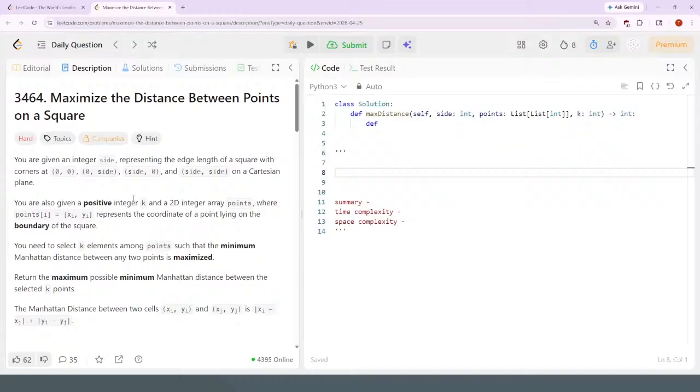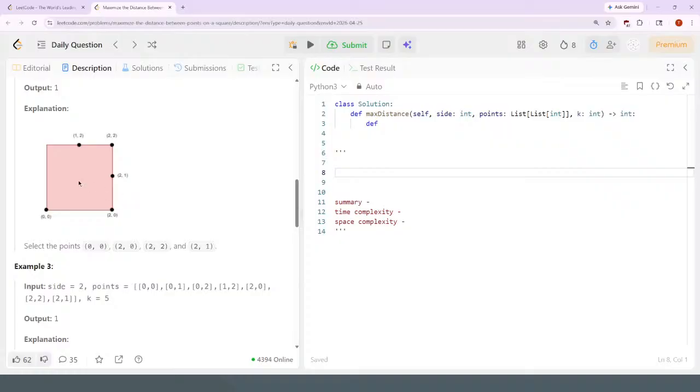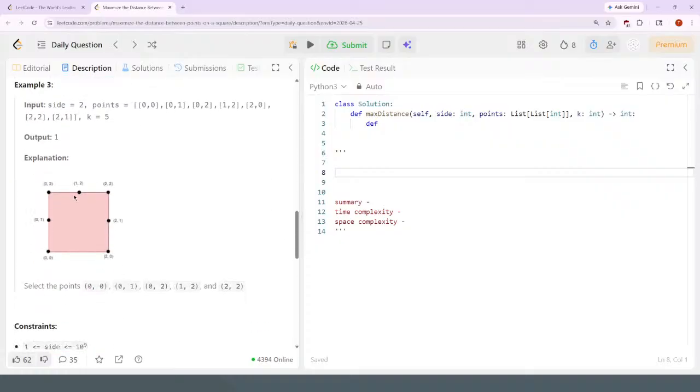Maximize the distance between points on a square. If I compare every point to every point, find the distance.